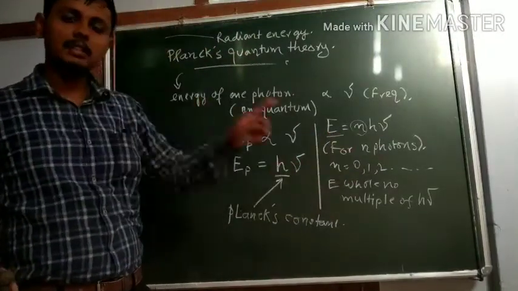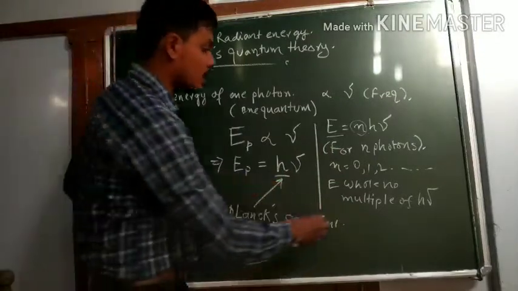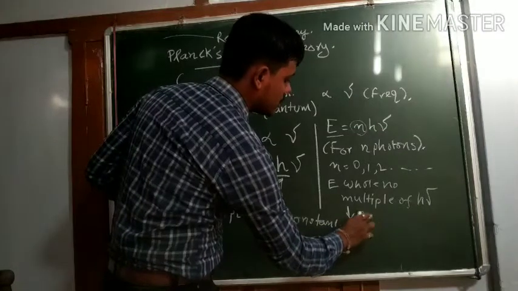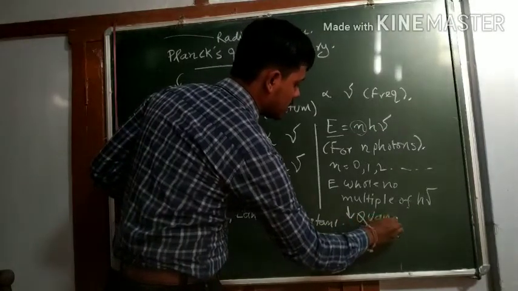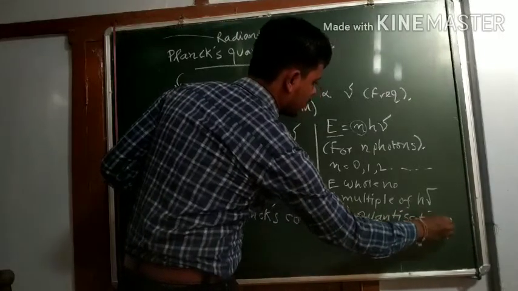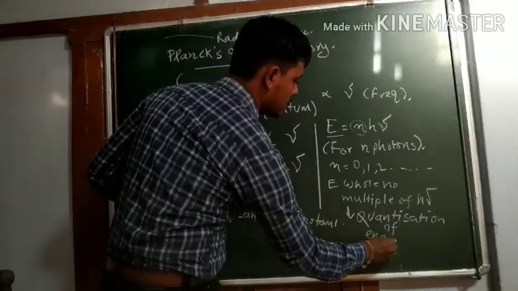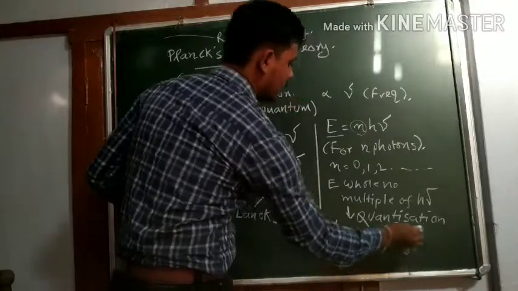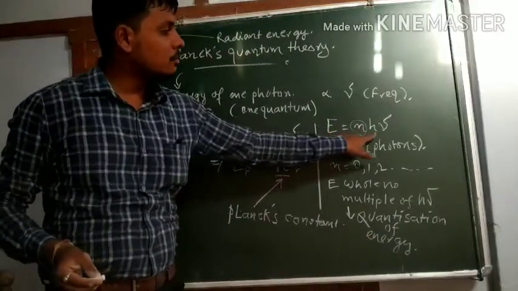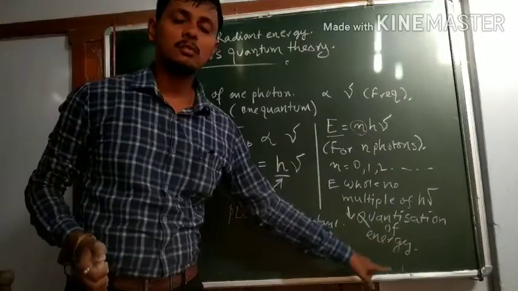Such a condition is called quantization of energy. Okay, so E is a whole number multiple of h nu. Such a condition is called quantization of energy.